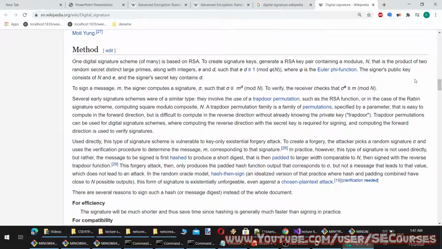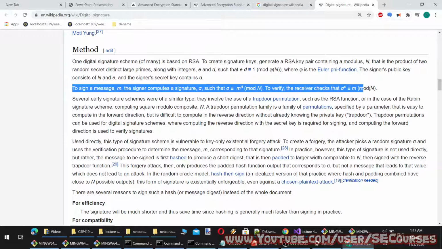The signer's public key consists of n and e, and the signer's secret key contains d. To sign a message, m, the signer computes a signature, σ, such that σ ≡ m^d mod n. To verify, the receiver checks that σ^e ≡ m mod n.